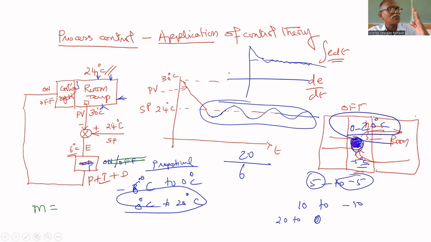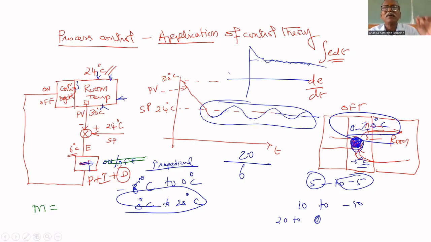If the error increases very fast, the controller will give more output. If it decreases very fast, it will also give more controller output. If there is no change, dE by dt is 0, meaning horizontal. Once it is settled at the set point, it will be horizontal. No controller output is needed because it is not changing. Whenever it changes, then only it will work.